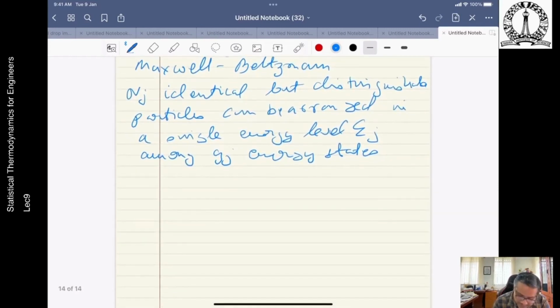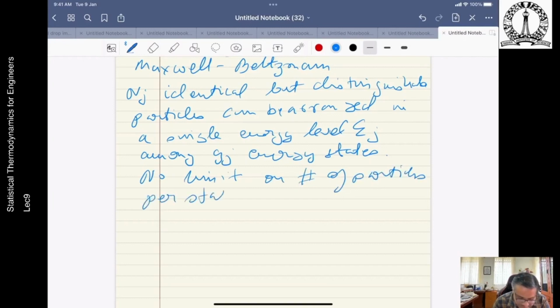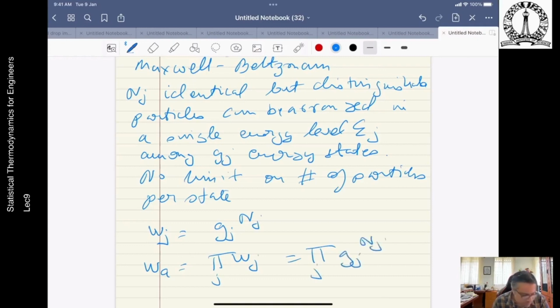There is no limit on the number of particles per state. So Wj, as we saw, was Gj raised to Nj. These are the Boltzmanns.